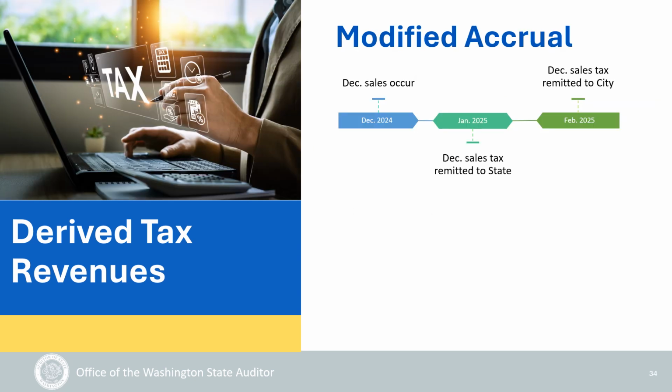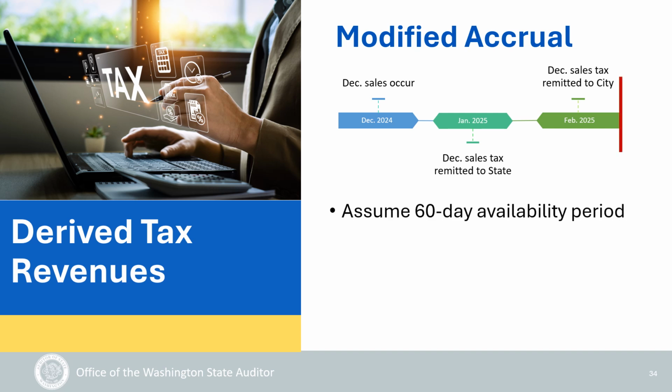Now let's assume the city has a 60-day availability period. How does that impact our journal entries? The initial timeline is still the same. Sale happens in December, money is remitted to the state in January, and then remitted to the city in February. The only thing that changed is the city's policy for how long their availability period is. 60 days after fiscal year end is February 29th or March 1st, depending on if it's a leap year.